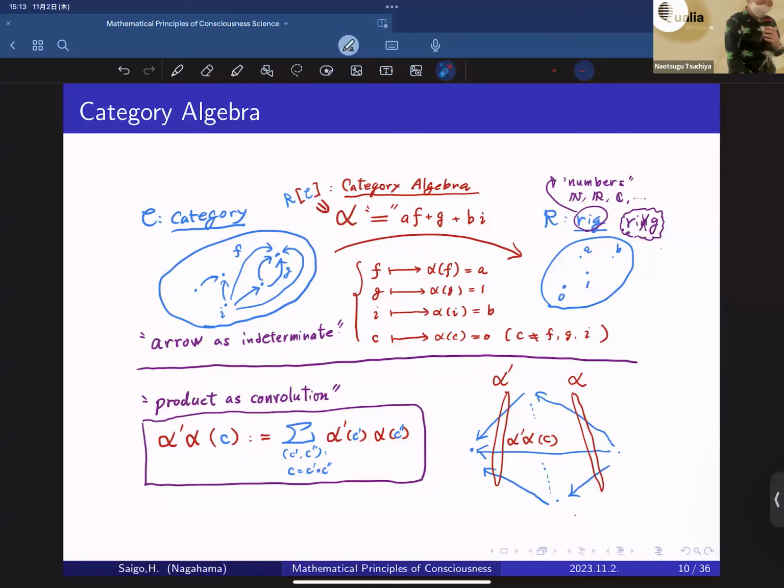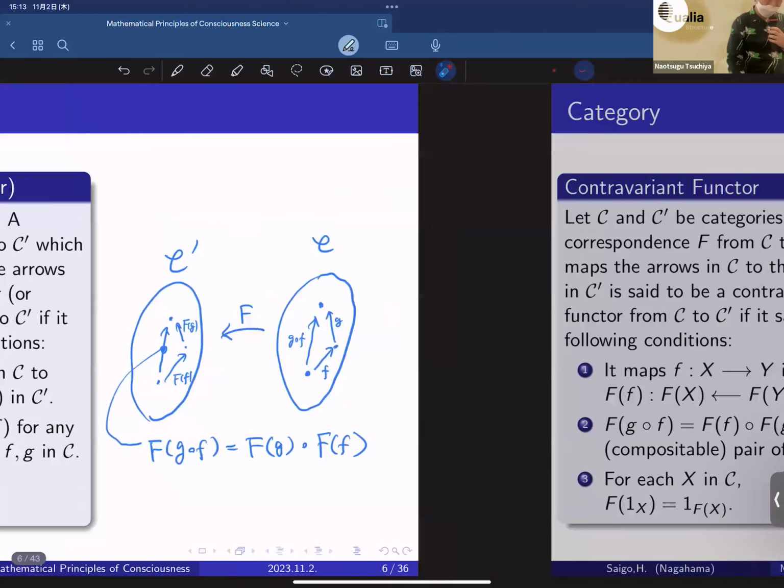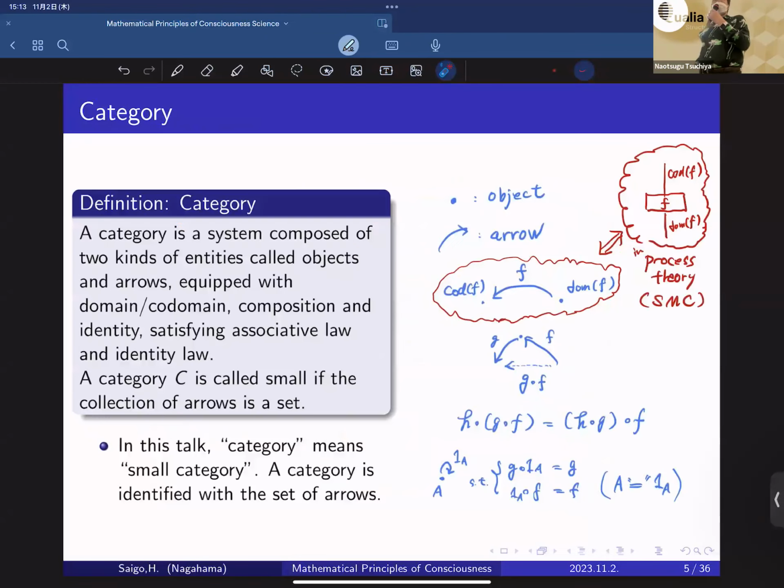If the arrows are in this kind of pair, then the product of the arrows is this. But if the arrows are not connected, the product is 0. This rule of thumb can give you the category algebra. Okay.